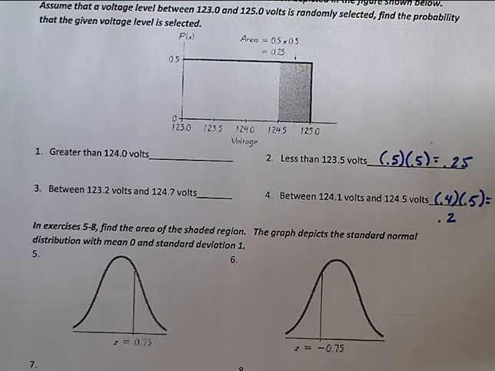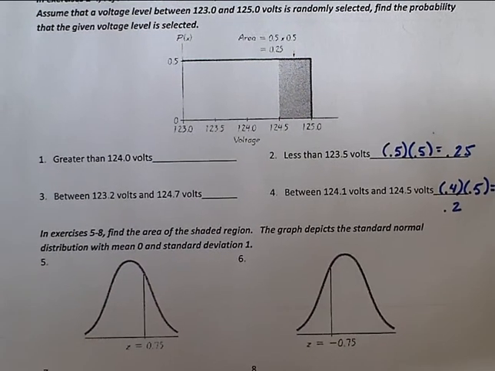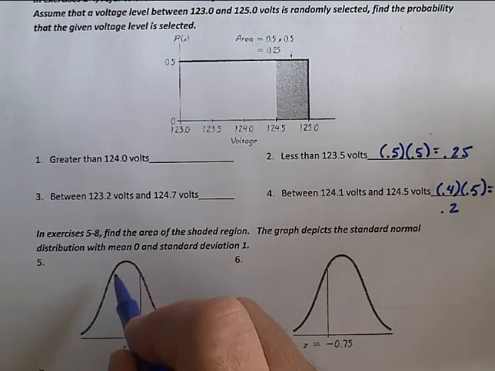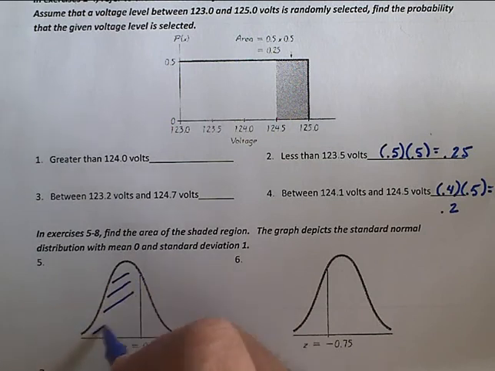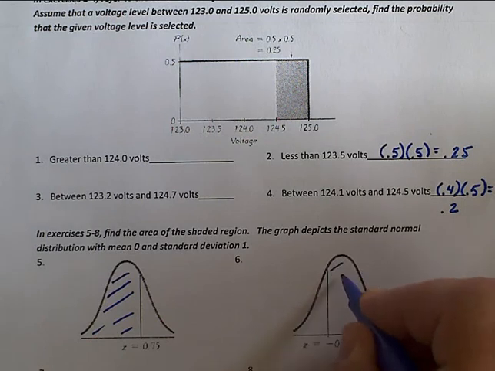Okay, so here's what I'm going to have you do on these. I want you to find the probability on the left side on this one. We're going to find the probability to the right of this one.